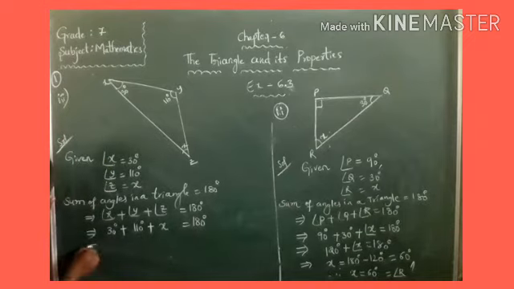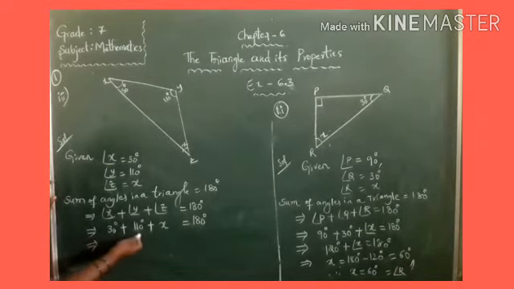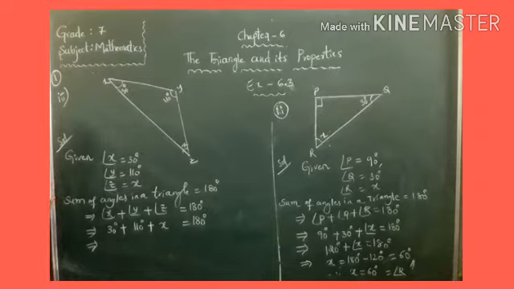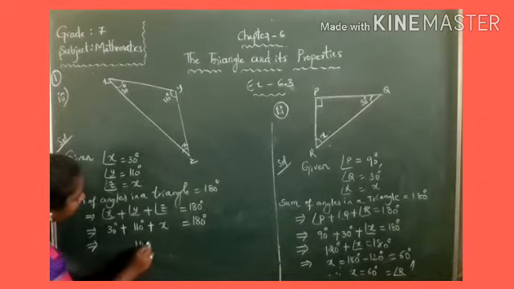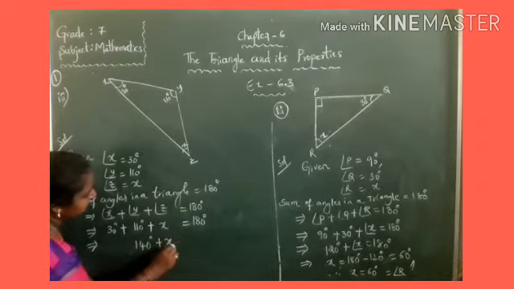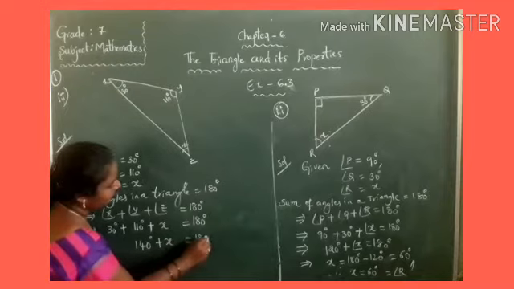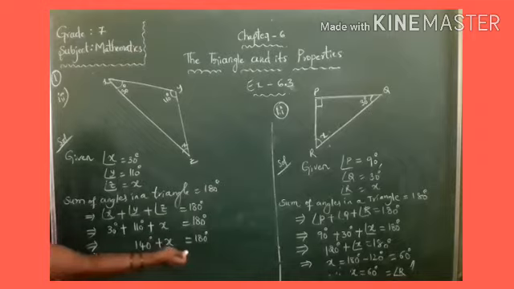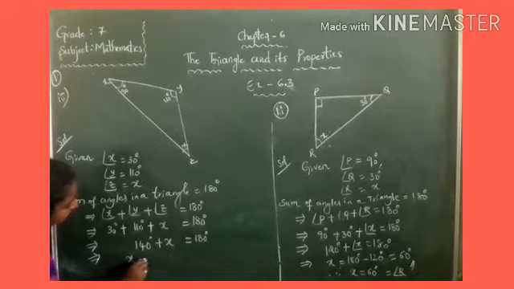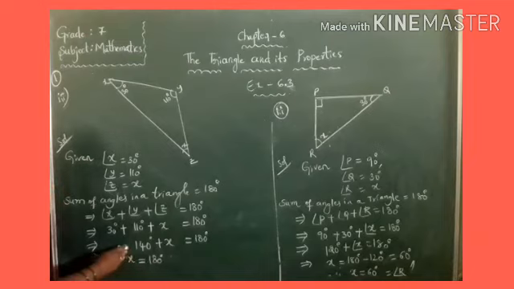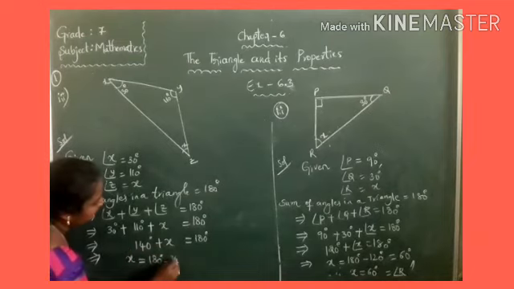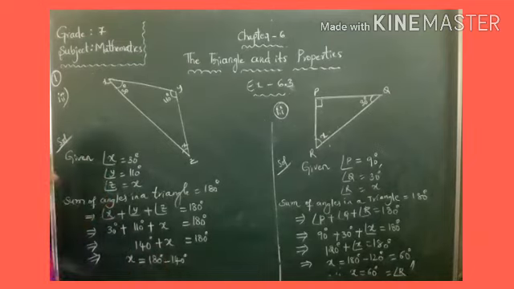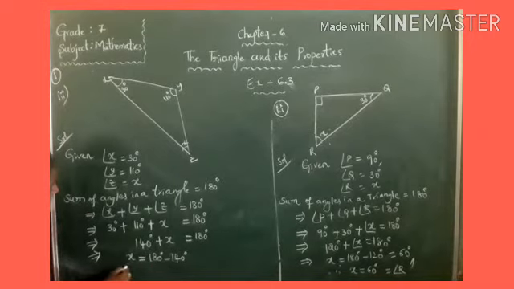180 degrees. So 30 degrees plus 110 degrees, so that is 140 degrees plus X is equal to 180 degrees. Now transpose, we have to find here X. X is equal to 180 degrees, transpose 140 degrees, minus 140 degrees.